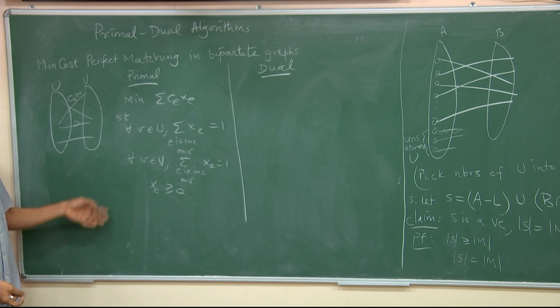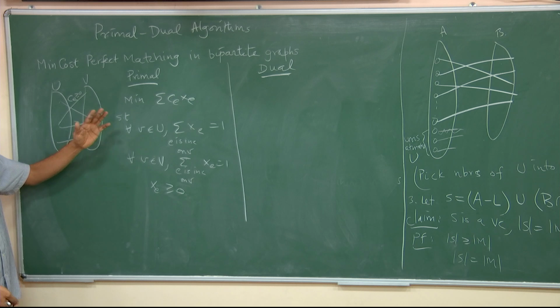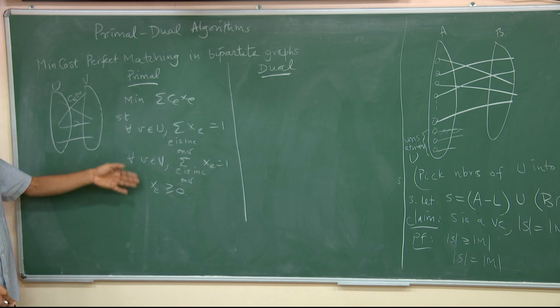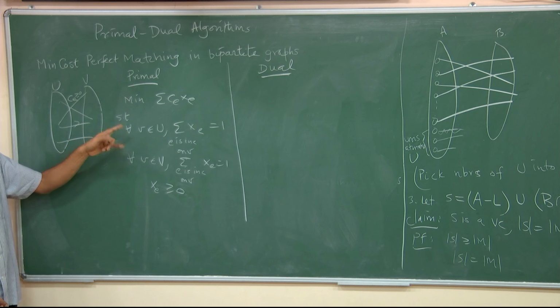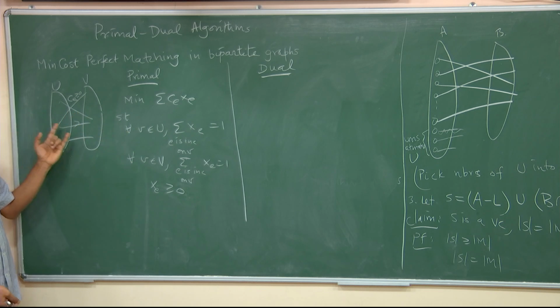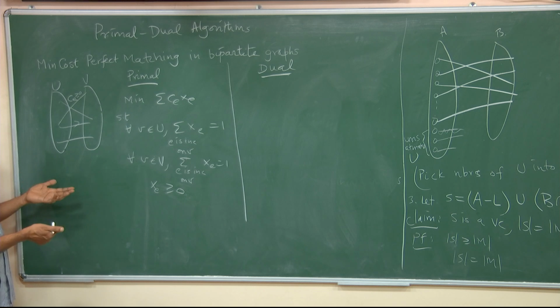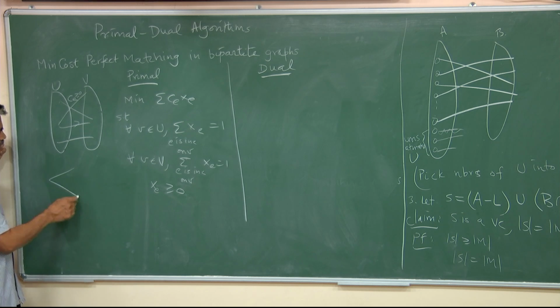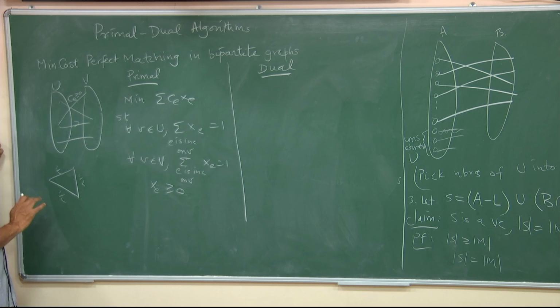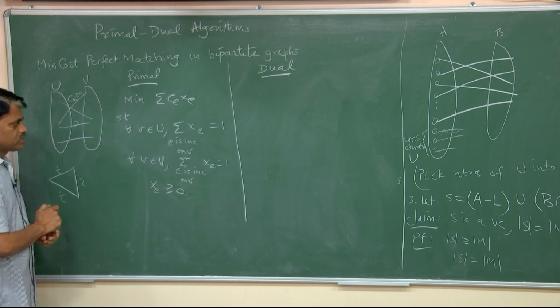But not this LP. This is not enough, because to say that this is integral, we use the fact that the constraint matrix is unimodular, which is true only for bipartite graphs. You need a different kind of LP, because in a non-bipartite graph, I can make these guys half, half, half, and it's not a perfect matching and still will satisfy the constraints. That's another interesting problem. But using LP, it turns out you can solve it in polynomial time. But let's restrict to bipartite graphs.